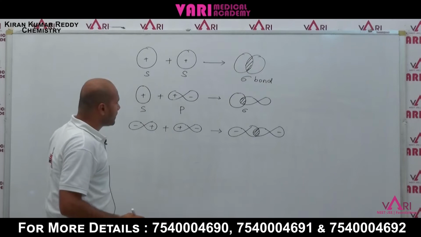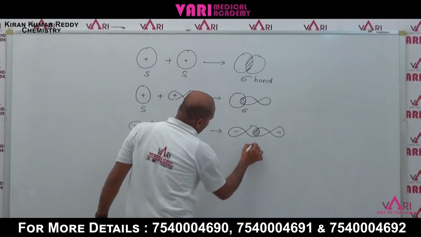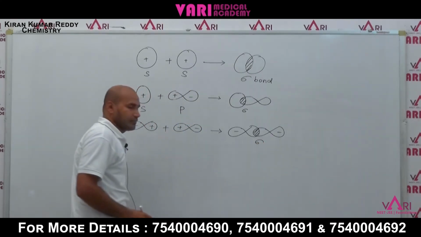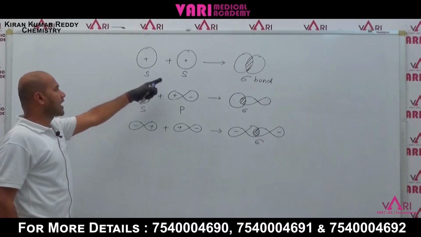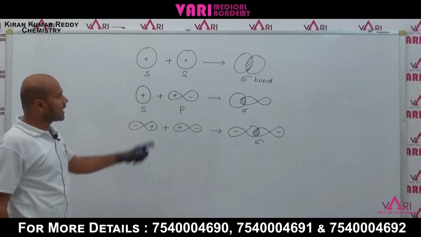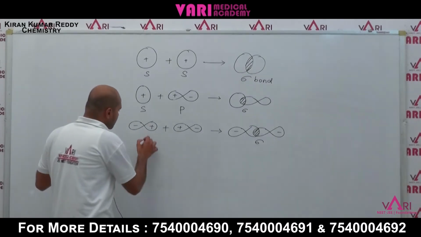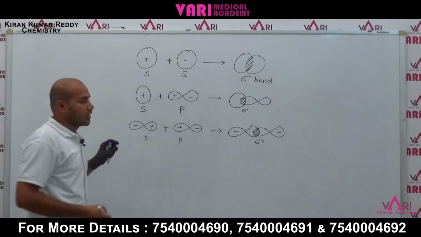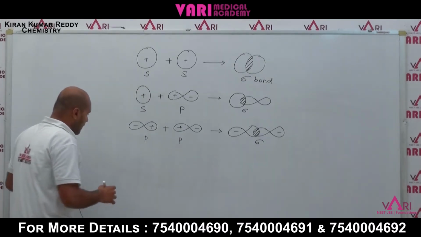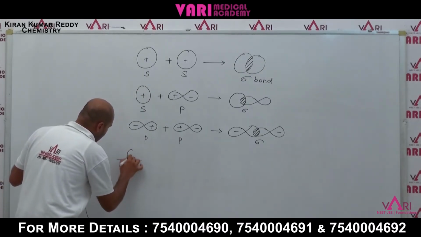This one is p-p mixing. What bond is formed? Sigma bond is formed. These are s-s overlapping, s-p overlapping, and this one is p-p overlapping also. Sigma bond is formed.